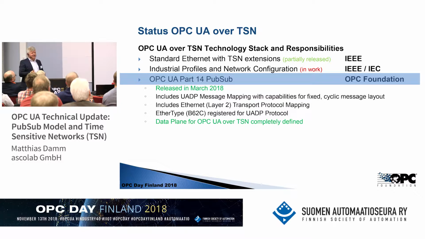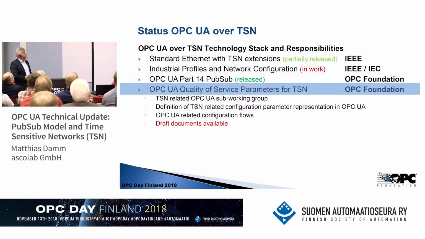The problem is we define the payload, the data plane, but how do you configure TSN? How do you configure the endpoint with all the timing parameters, but also how do you configure the network, and how do you line up the network configuration with the device configuration? So one thing we work on in the OPC Foundation is to specify the TSN parameters.